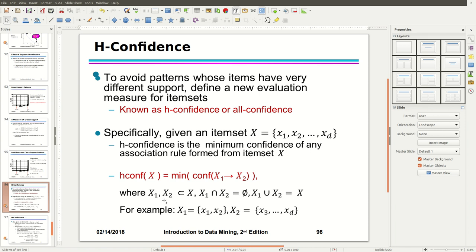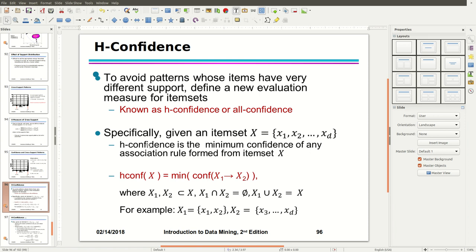If X1 and X2 are subsets of X, their intersection is the empty set, so they do not intersect at all, but their union is X altogether. When you combine X1 and X2, you form X. For example, if X1 is X1, X2, and X2 is X3 through XD, you need to look at all these X1 and X2 and find the minimum.